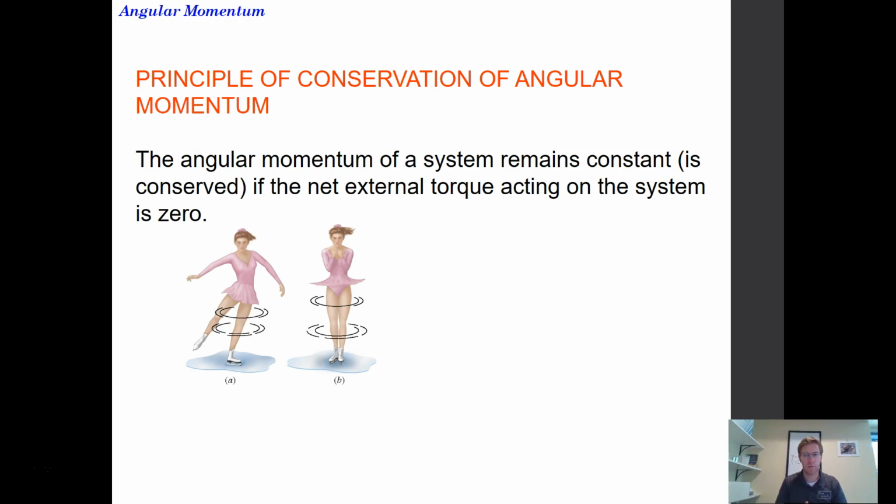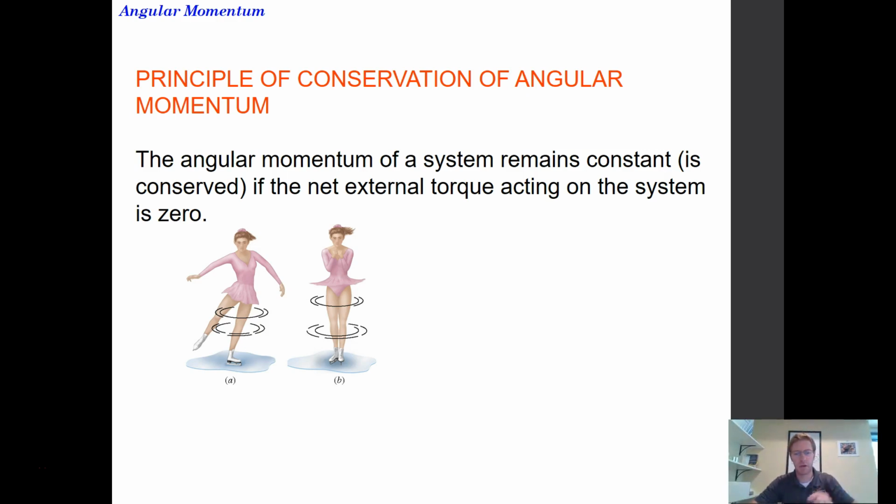Why is that? Well, again, angular momentum is moment of inertia multiplied by angular velocity. When their arms are spread out, they have more mass at a further distance away. They have a larger moment of inertia. As they pull their arms in, their moment of inertia is decreasing. As their moment of inertia decreases, since angular momentum is conserved, their angular velocity must increase in order to keep the same amount of momentum.